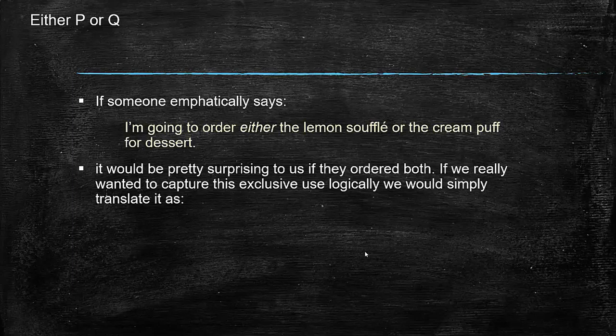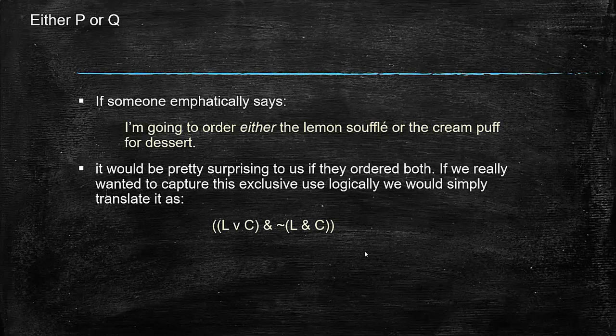If we really want to capture this exclusive use logically, we would simply translate it as follows. L or C, lemon souffle or cream puff, and not L and C, right?